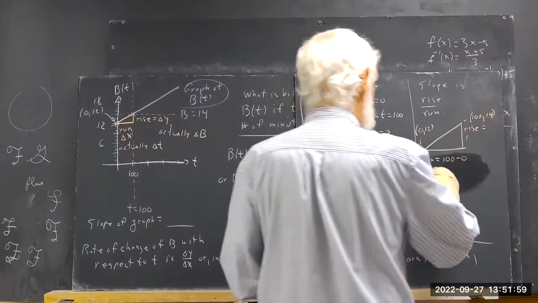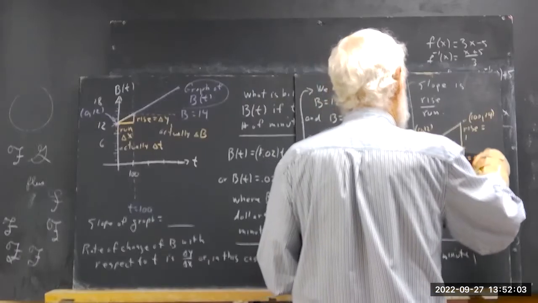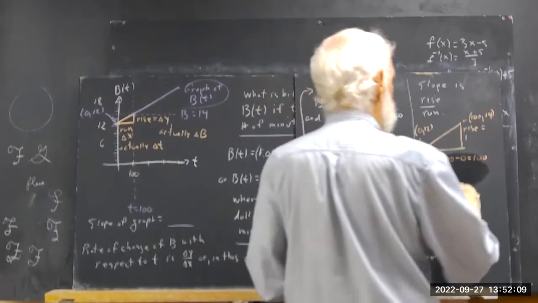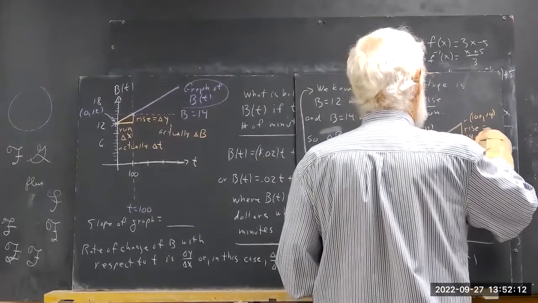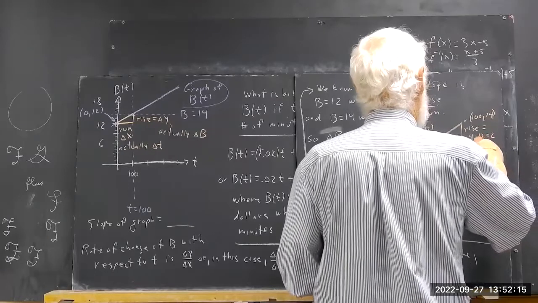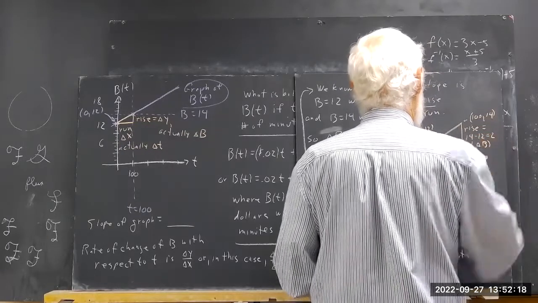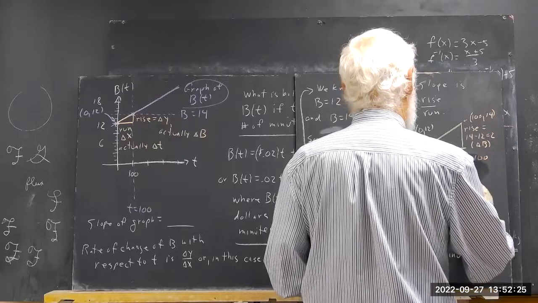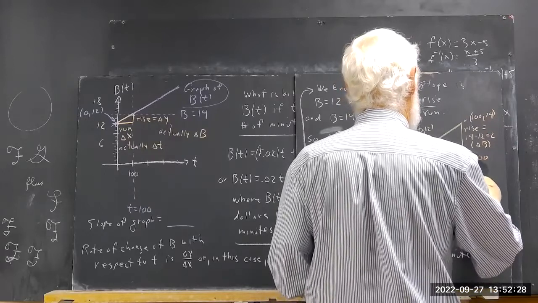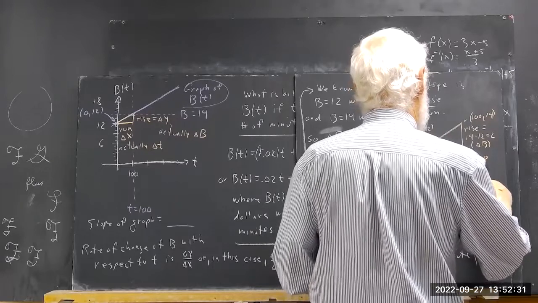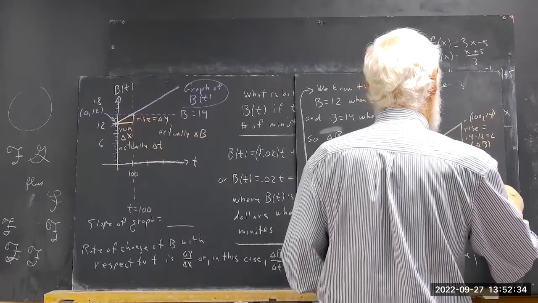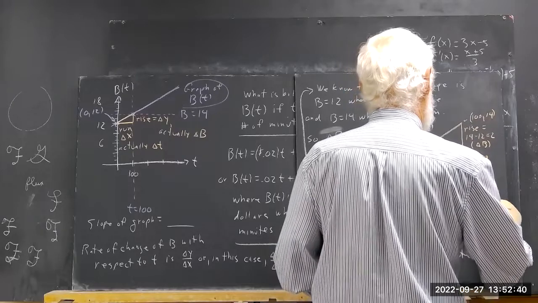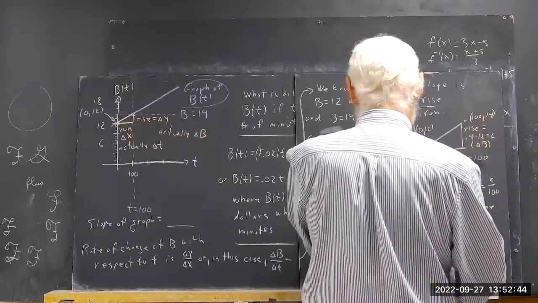Your run is this, that's your delta T. Your rise equals 14 minus 12 equals 2, which is your delta P. It's this, and that's the same as the average rate of change.